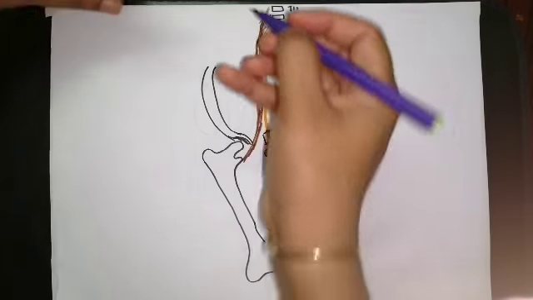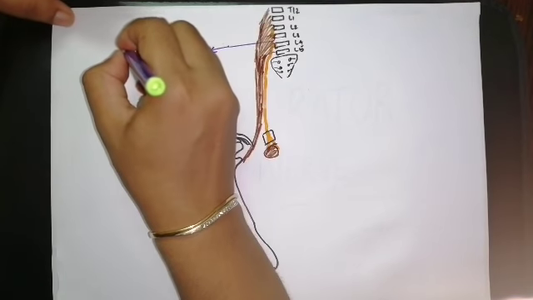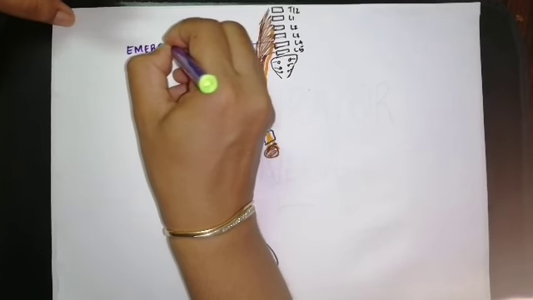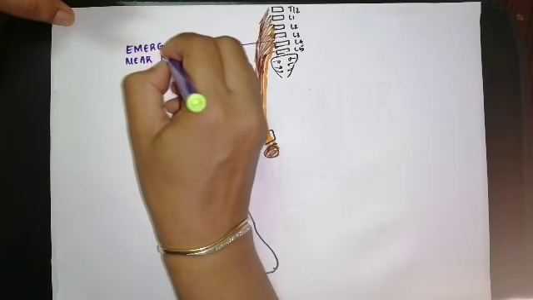The course is, first, it emerges near the medial border of the psoas major.